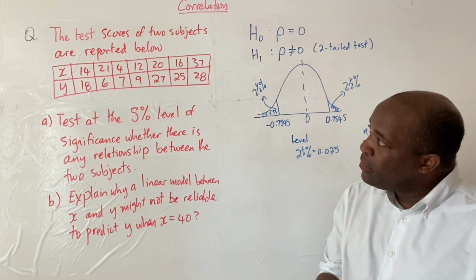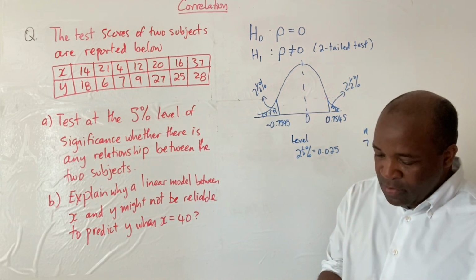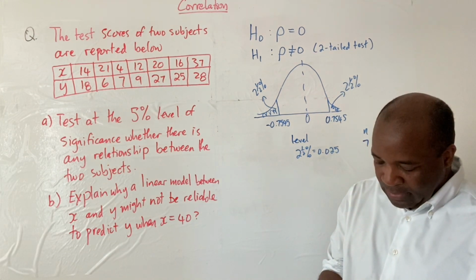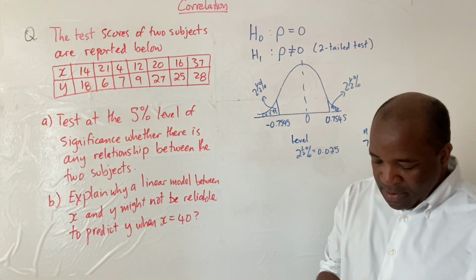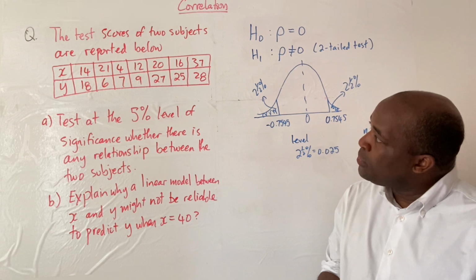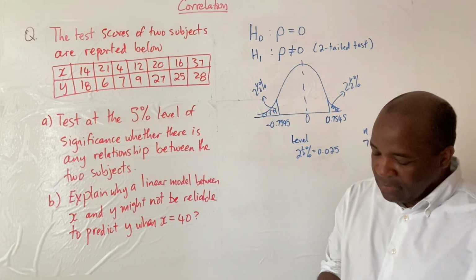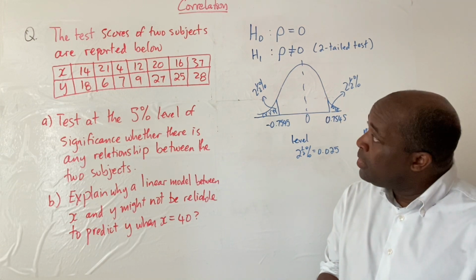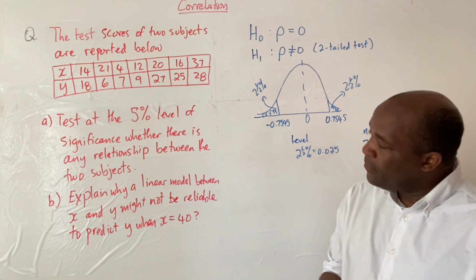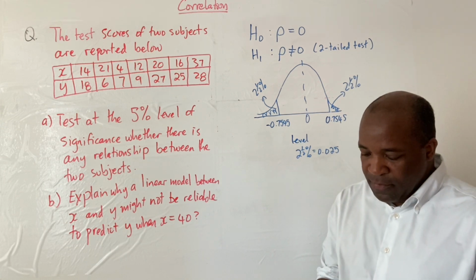So 14, 21, 4, 12, 20, 16, and 37. And then now I'm going to go to list 2, and I'm going to enter my Y values: 18, 6, 7, 9, 27, 25, and 28.